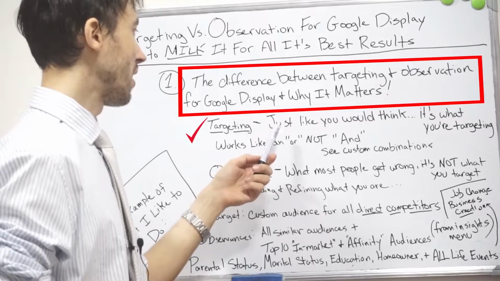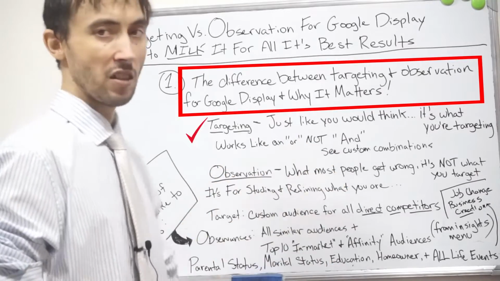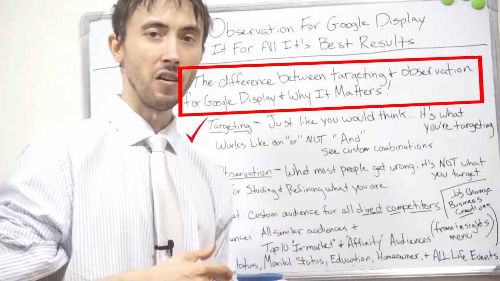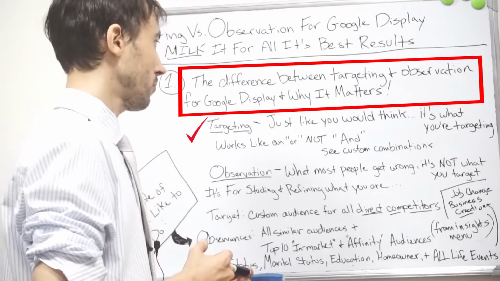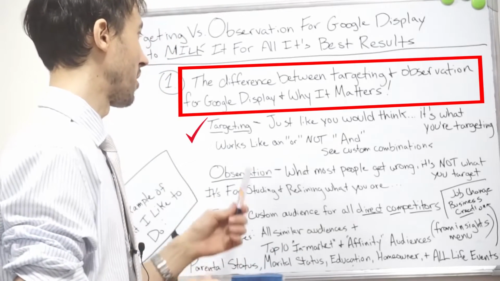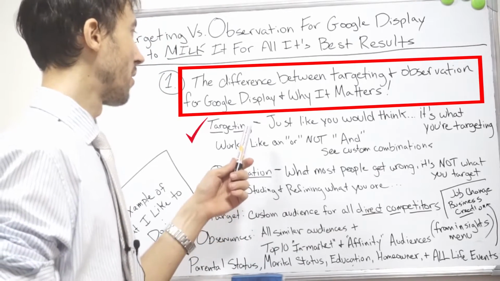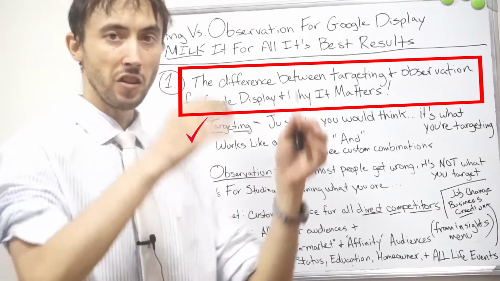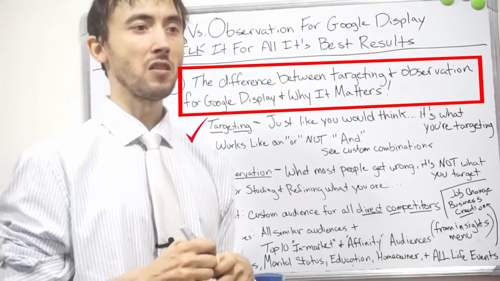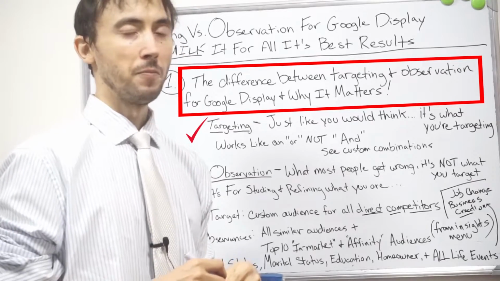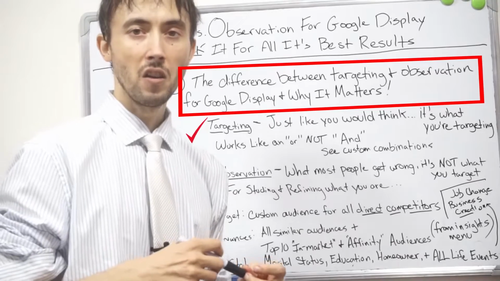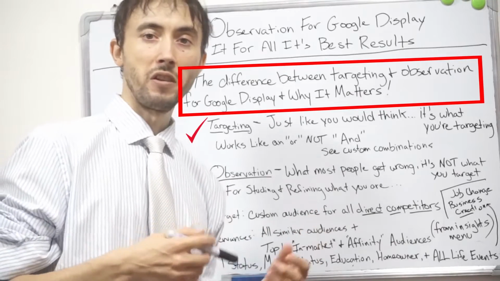Targeting is just like you would think it is. It's actually what you're physically targeting in your Google Display account. This is under, when you click to edit targeting options in the Google Display Network campaign, of course you'll see targeting and observation under the targeting settings. And if you click targeting, let's say you wanted to target people that are interested in baseball memorabilia.